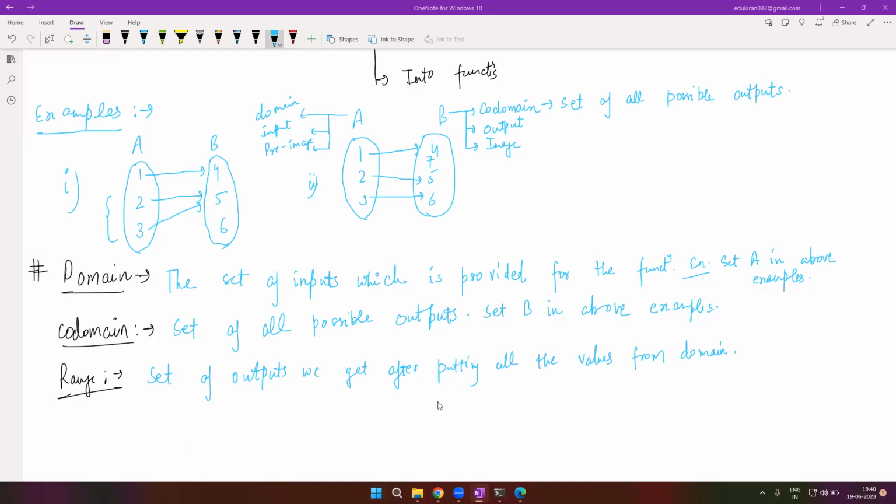Yeah, sorry. So range is basically the set of outputs you get after putting all the values from domain. Codomain is the set of all possible outputs.